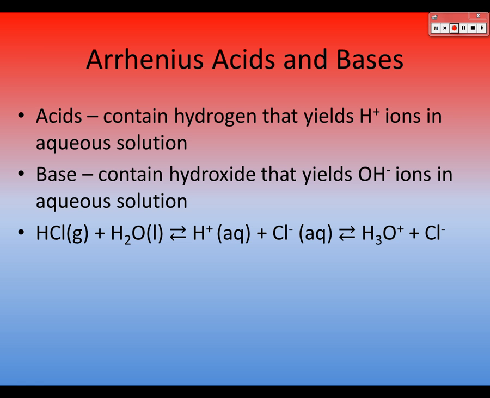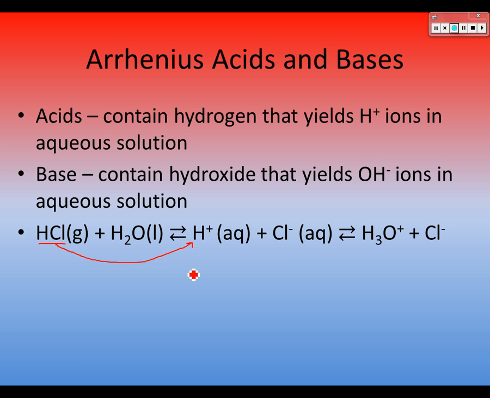In this example here, we've got HCl gas being dissolved in liquid water, becoming aqueous H+ and aqueous Cl-. We would say the HCl is an acid because it yielded an H+ ion.